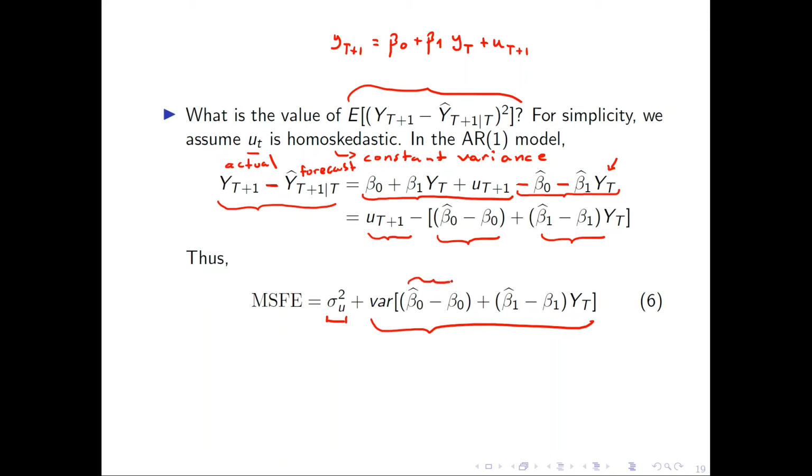This is the estimation error of the intercept. This is the estimation error of the slope, and this is times the actual value of y. So we can decompose the mean squared forecast error into one estimation error and the residual variance.